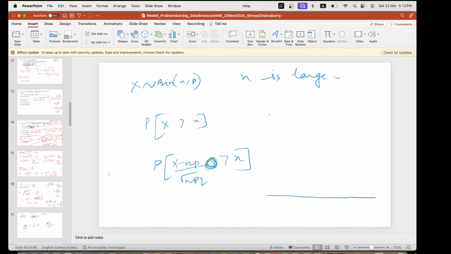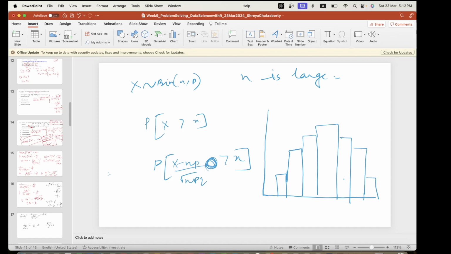Alright. So what actually happens is that a binomial, if you see, will be bars like this, symmetric. And then we are approximating this binomial by a normal curve which would pass through, let's say, these midpoints.